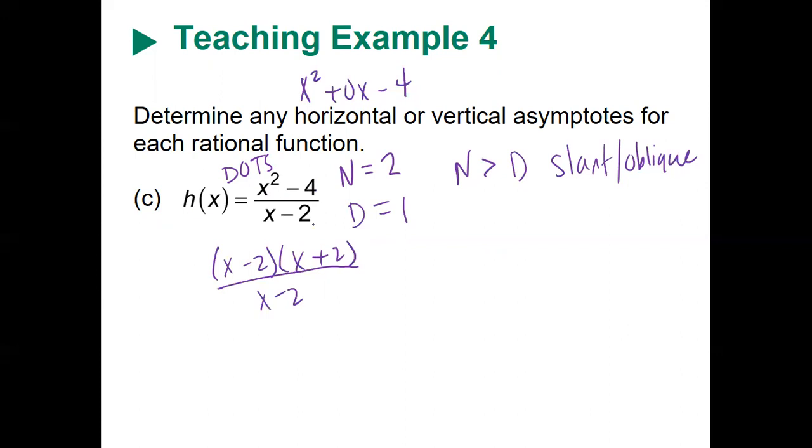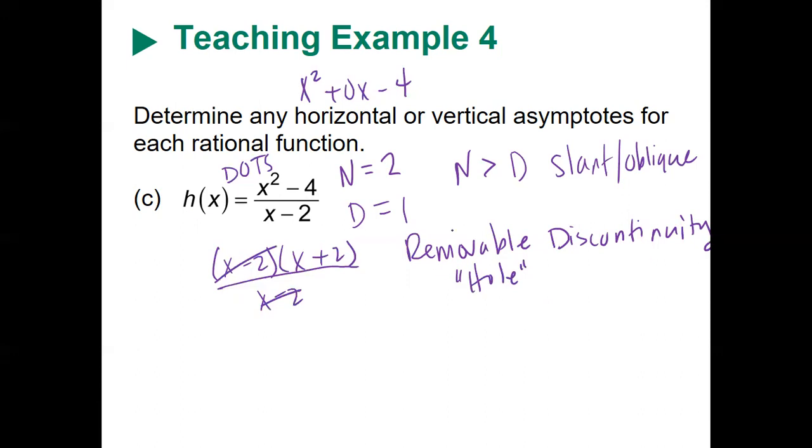All right, so what happens here is instead of having to do long division, I can factor out. When you can factor out, this creates a whole new type of discontinuity. It's called a removable discontinuity, AKA a hole.